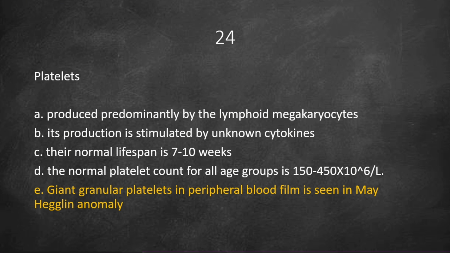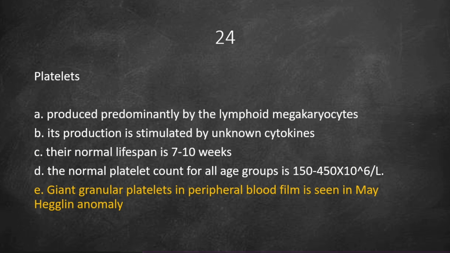Okay, so then option E is our answer. So in megaloblastic anemia, we will see this characteristic presence of giant platelets and the presence of Döhle bodies in neutrophils. So that's our answer for this question 24.